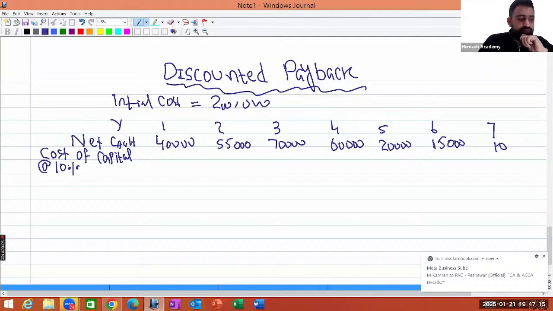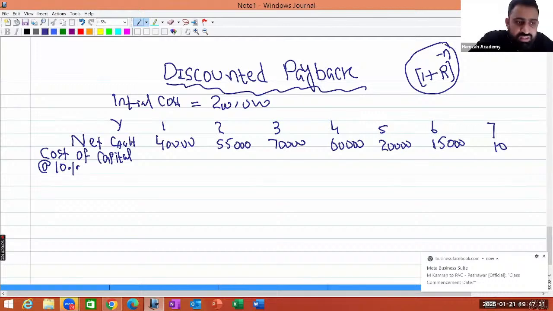Now what we will do, we use the discount factor, which is (1 plus r) raised to the power minus n. R is the cost of capital and n is the number of periods. Using this factor, we can calculate the present value of the cash flow.